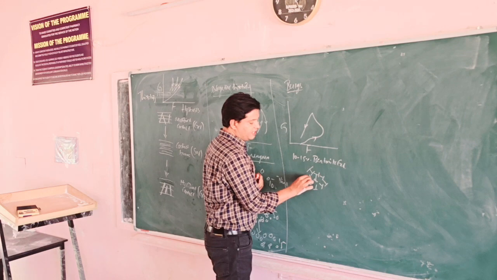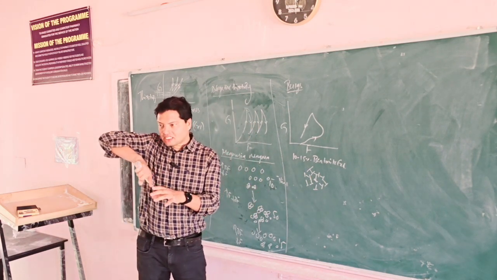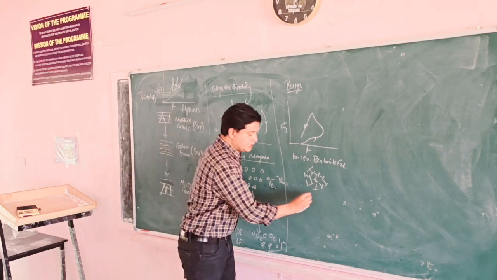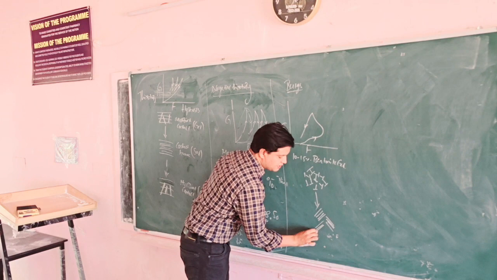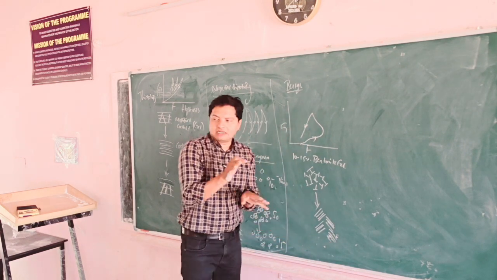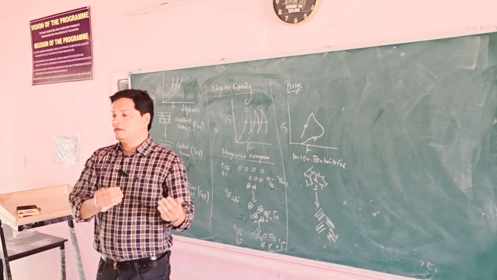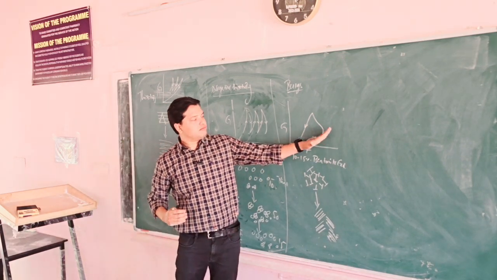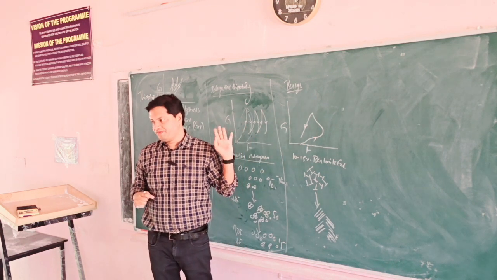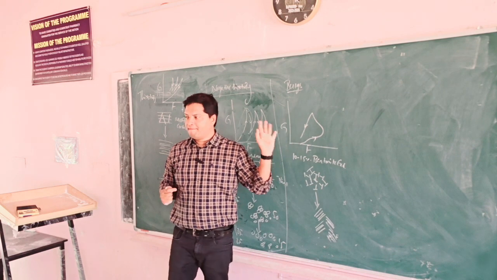Initially, crystals are individual. When I start rotating, these crystals will form a house of cards like this. All crystals will sit on each other. Due to this, there is more resistance to flow. This resistance to flow comes in the form of a bulge.